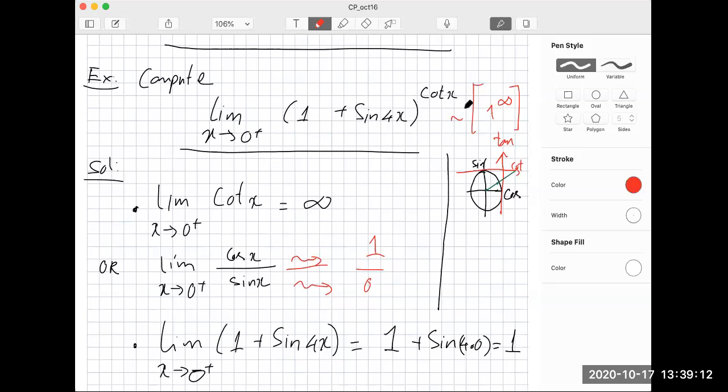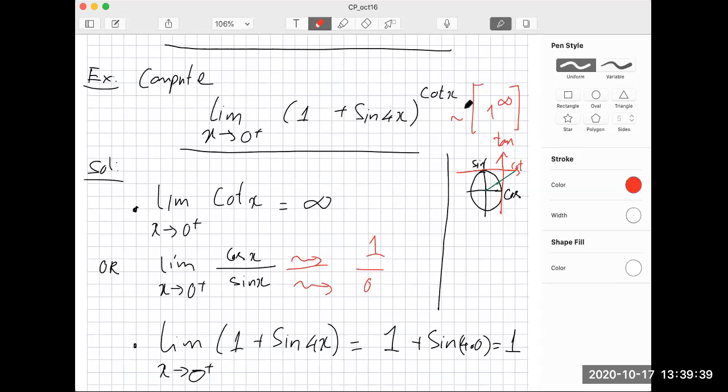So the notes I sent you yesterday, the intermediate power, look at this. Is it of the form 1 raised to the power of infinity? So we may need to use the L'Hopital rule.